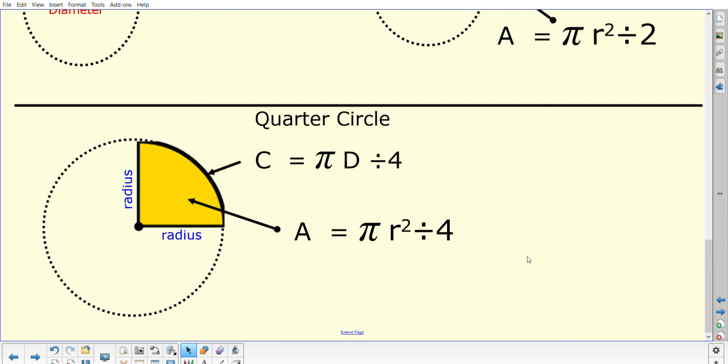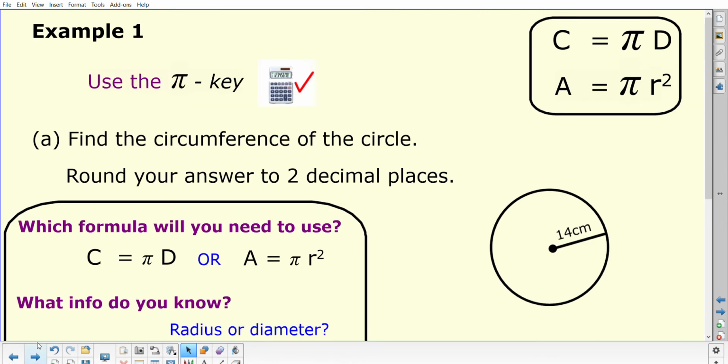So whether or not you're being asked to work out the curved part, if it's the curved edge, then it's the full circle, C equals pi d, but then you need to divide it by 4, because you get 4 bits like that all the way around the circle. And likewise with the area, you do pi r squared and then you would divide by 4. So still using the same formulae, it's just a matter of remembering when to halve if it's a semicircle or divide by 4 if it's a quarter circle.